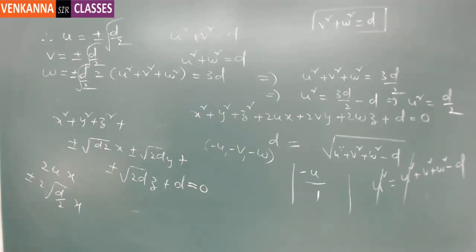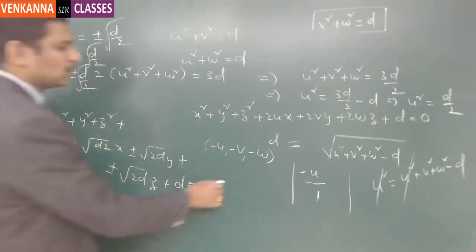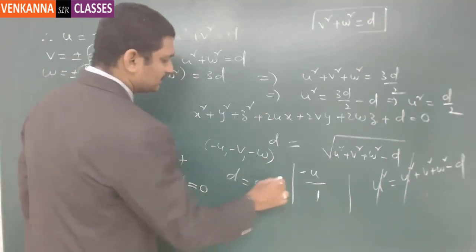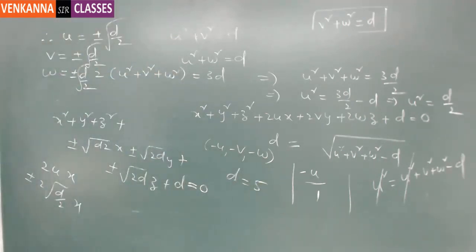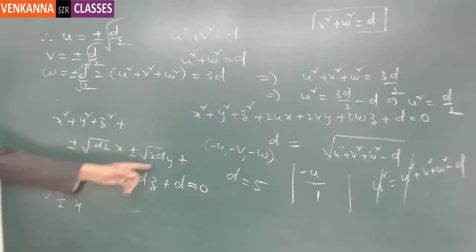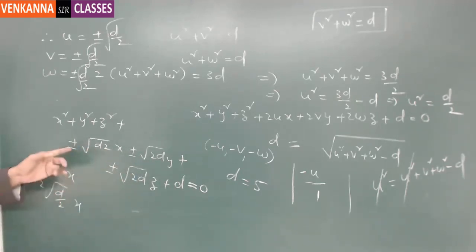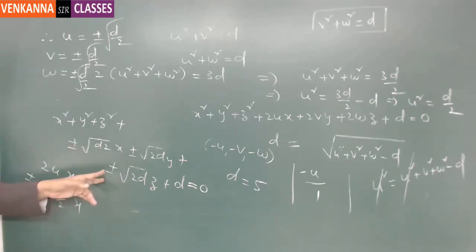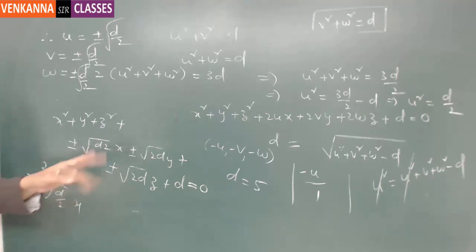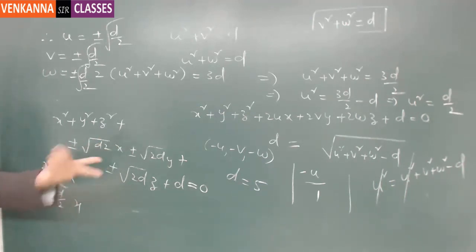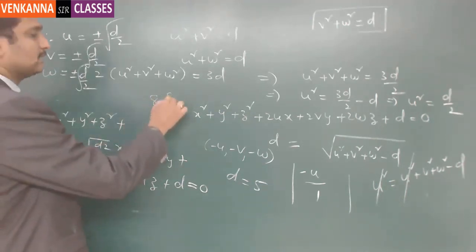Now if you fix one single d value, let us say d is equal to 5 for convenience. Since the equation contains plus or minus symbols, by varying plus or minus you will get 8 spheres.